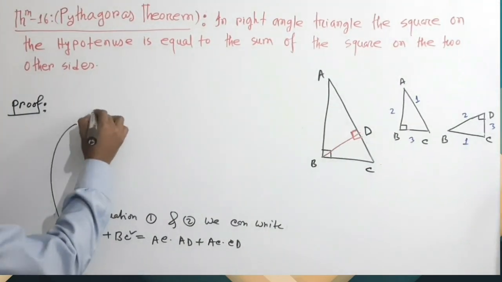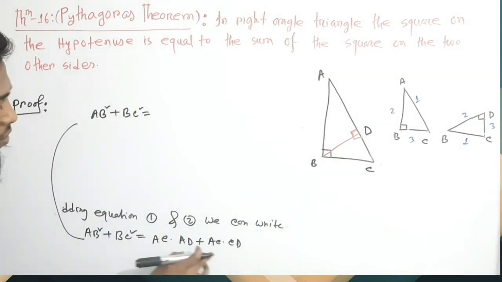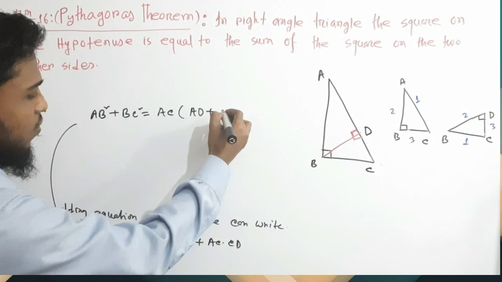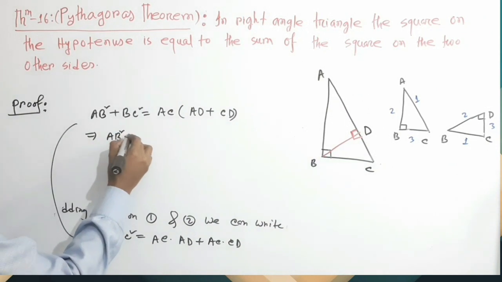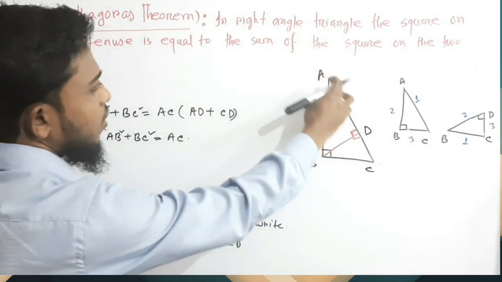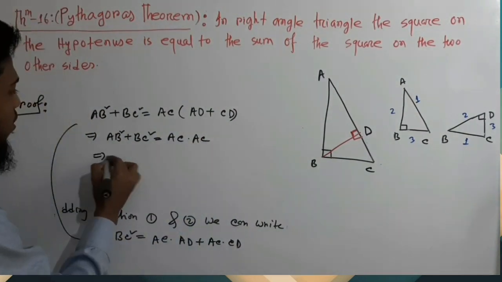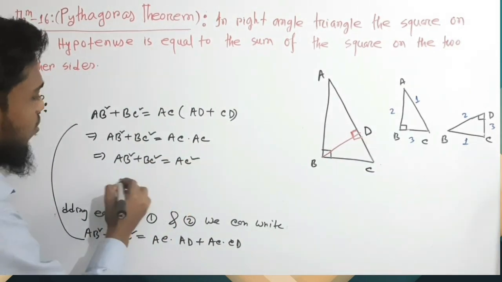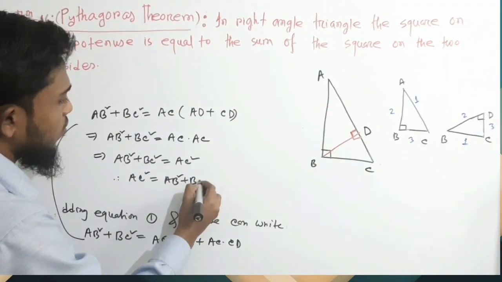Taking AC common from these two terms, we can write AB square plus BC square is equal to AC into AD plus CD. Here AD plus CD is equal to AC. So AB square plus BC square is equal to AC square, that is AC square is equal to AB square plus BC square.